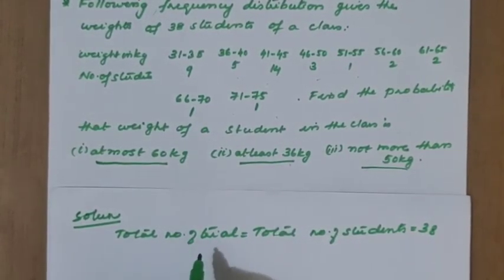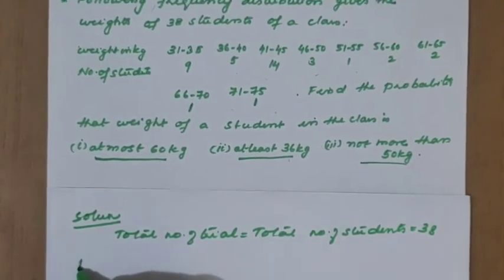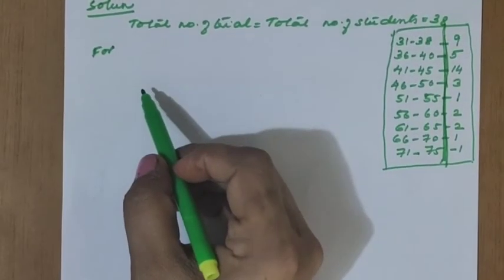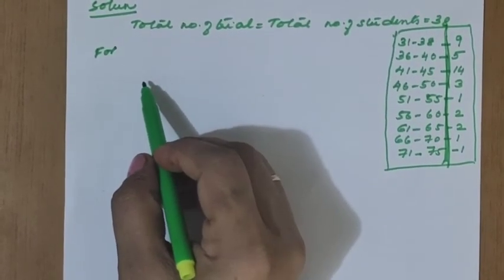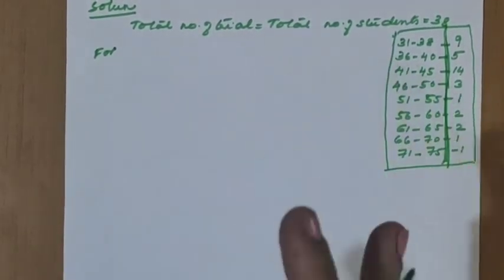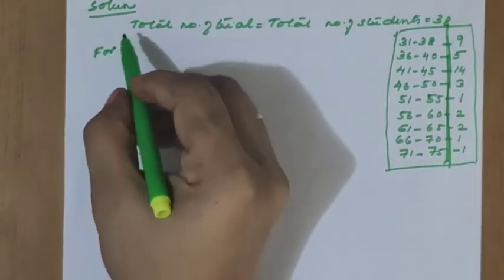Now we have to know what the utmost value is. Before that, 3 sub questions are there. So what should we write? We should write the formula. For any event E, for at most 60 is the question, that is, the maximum value is 60. Because sub questions are there, I told you to write the formula for the first only.